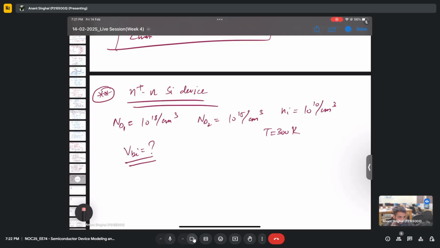So whosoever, if you come up with the formula, anyone, you can open your mic and let me know what you have come up with. Make the band diagram, that will be easier for you.